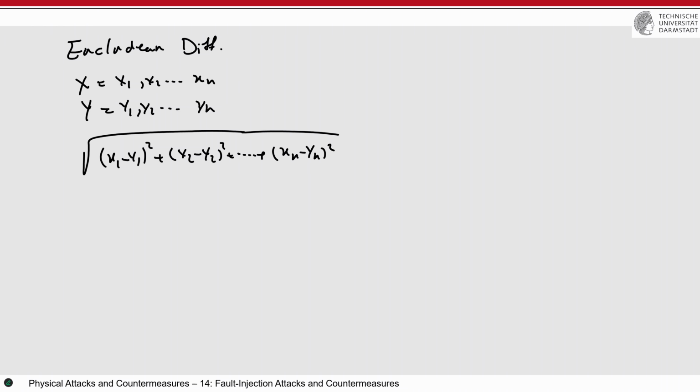This is called Euclidean distance, or difference. And then a squared Euclidean distance means that you remove the square root. This is the squared Euclidean distance.